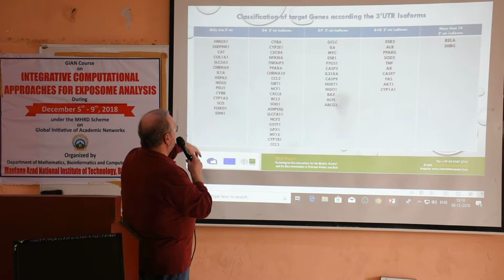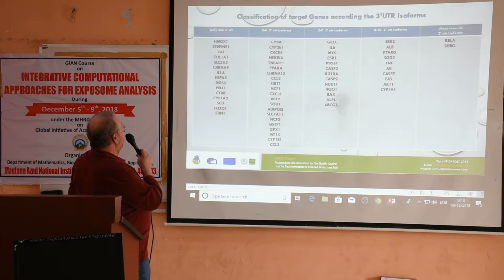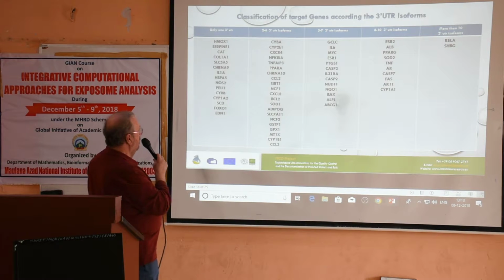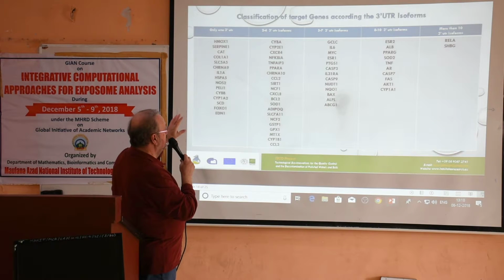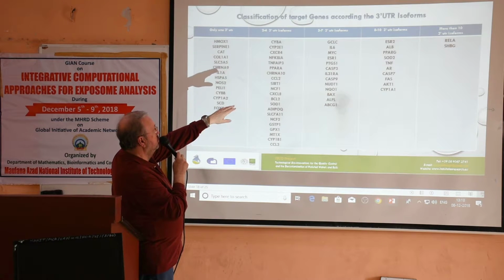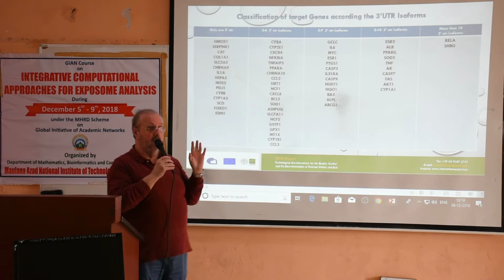You can see here there is solute carrier 5A5, or for instance FOX1, or other genes that are reported using their specific acronyms. It's interesting to see that 2 genes seem to have more than 10 isoforms.